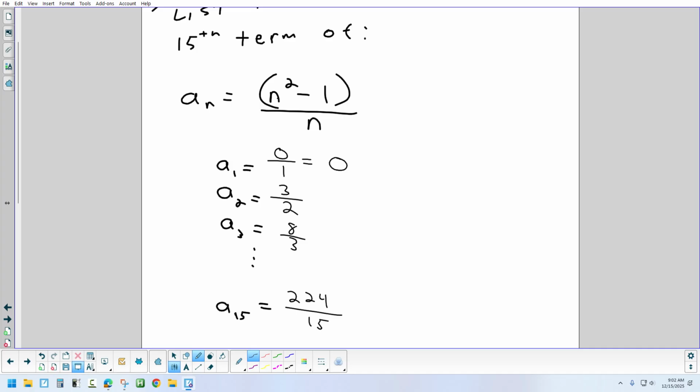The nice thing about that formula is I was able to jump right to the 15th term. I didn't have to find the 14th, 13th, 12th, 11, 10, 9, 8, 7, 6, 5, 4. With an explicit formula, you can jump to finding any term you want. With recursive, you can't. If I asked you for the 15th term and I gave you a recursive formula, you have to find every single term up to the 15th one.